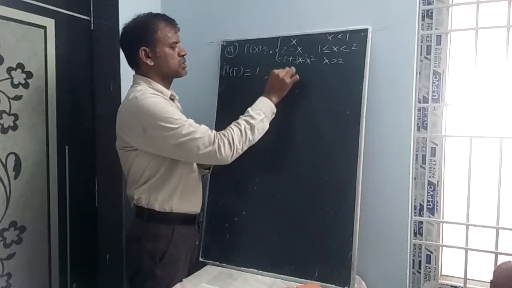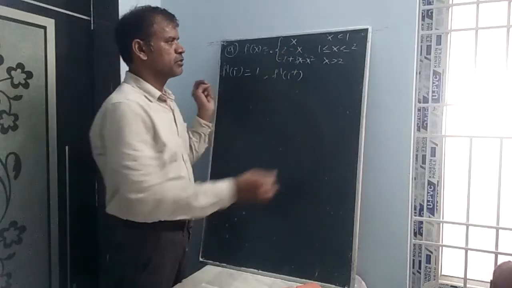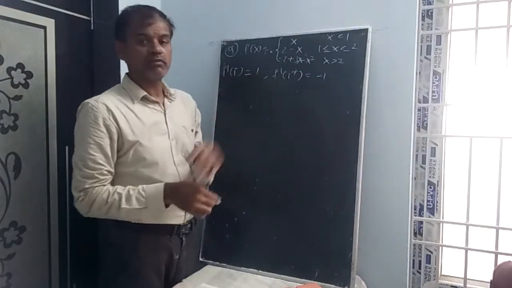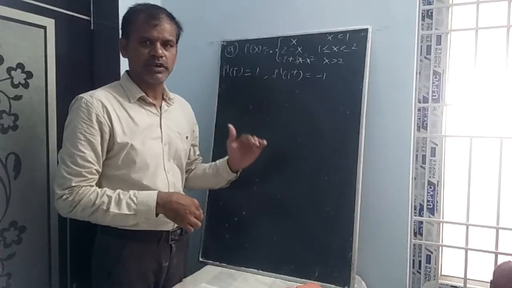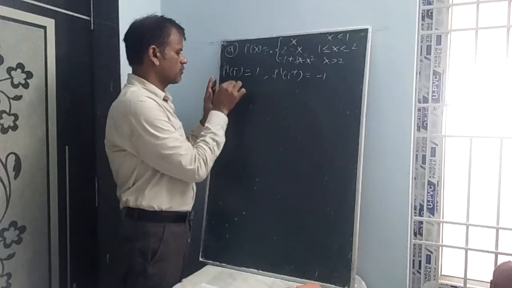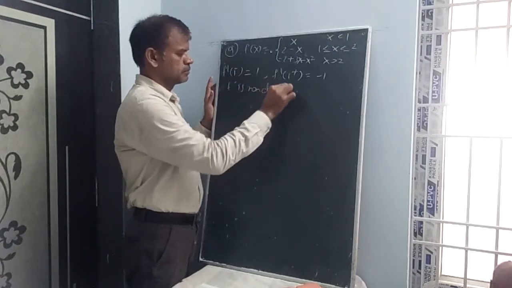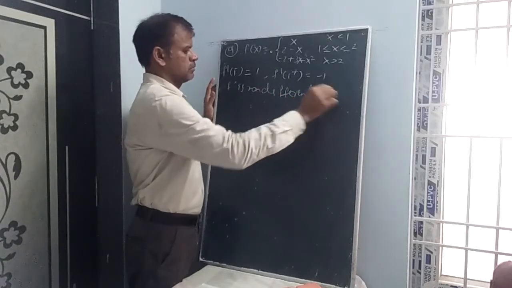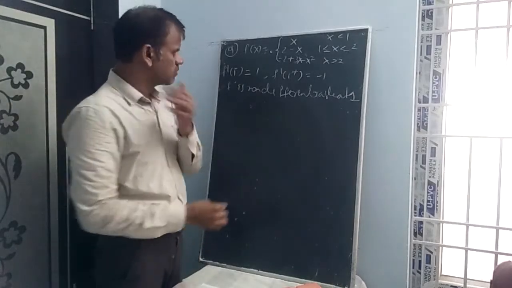Next, f dash of 1 plus: derivative of 2 is 0, minus derivative of x is minus 1. So f dash of 1 minus is not equal to f dash of 1 plus. So we can say that f of x is non-differentiable at 1.